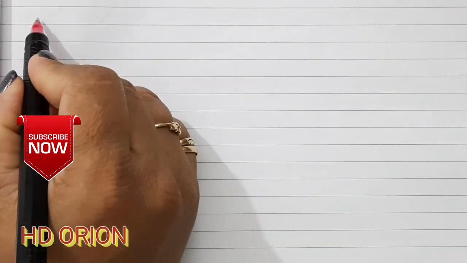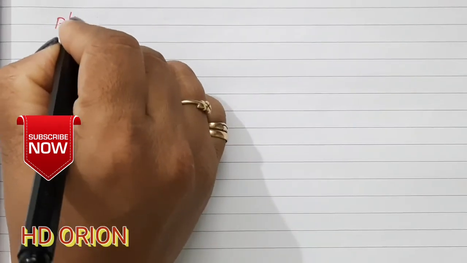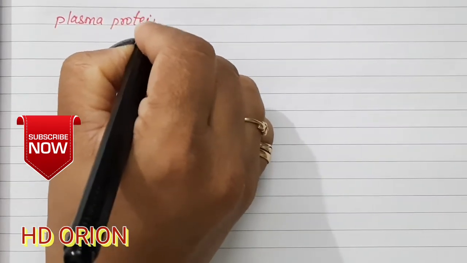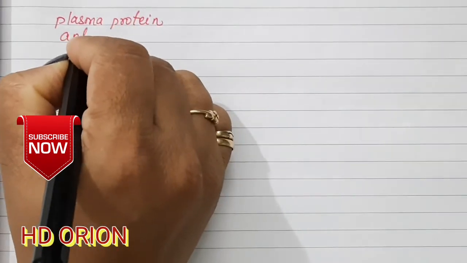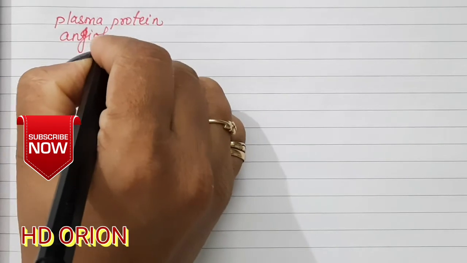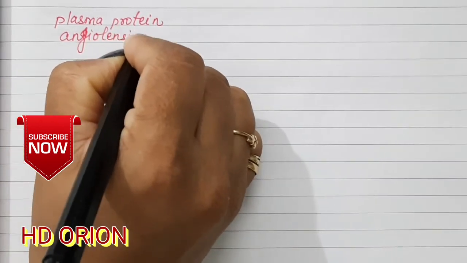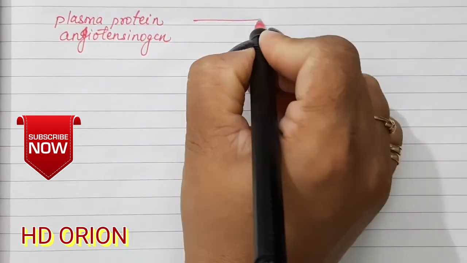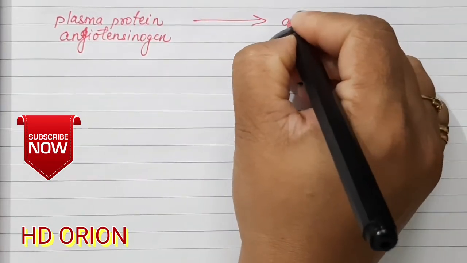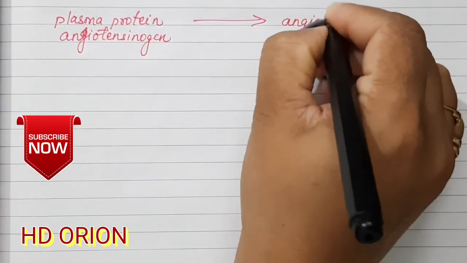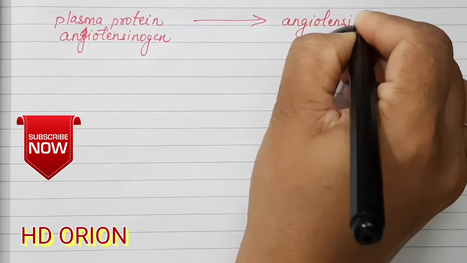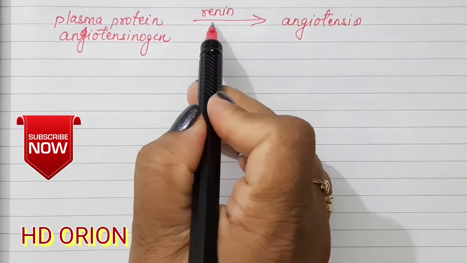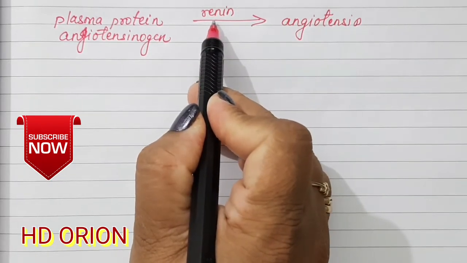Now, what does this renin do? There is a plasma protein present in the blood, angiotensinogen. This angiotensinogen is converted into angiotensin by the enzyme renin, which was secreted by the JGA.